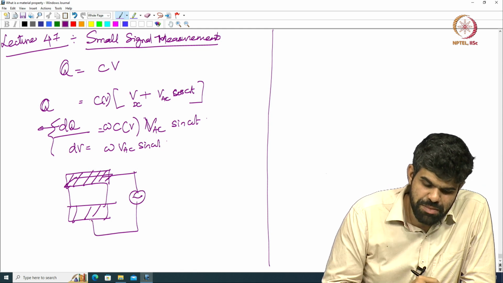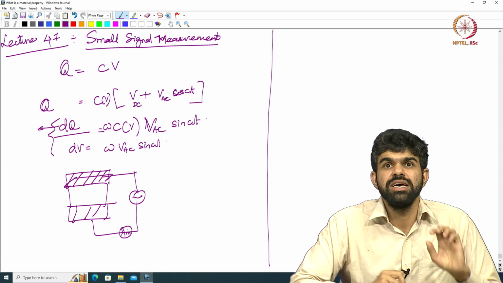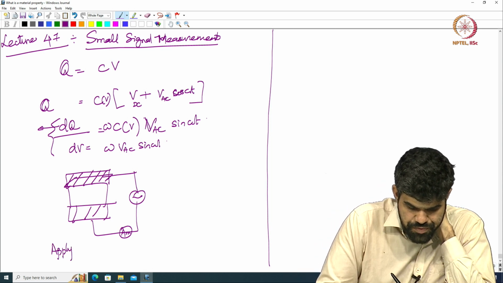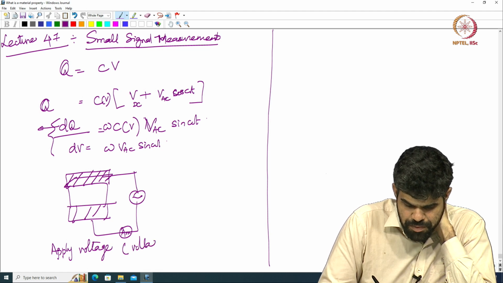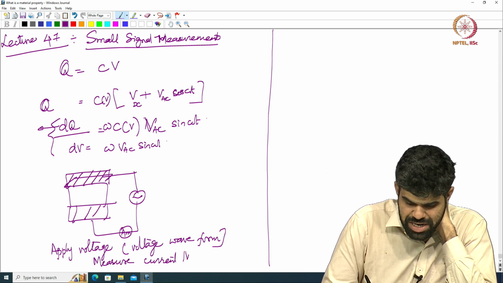Whereas, what is easy to measure in this electric circuit is this: I apply voltage, or any voltage waveform, and I measure current through the ammeter.